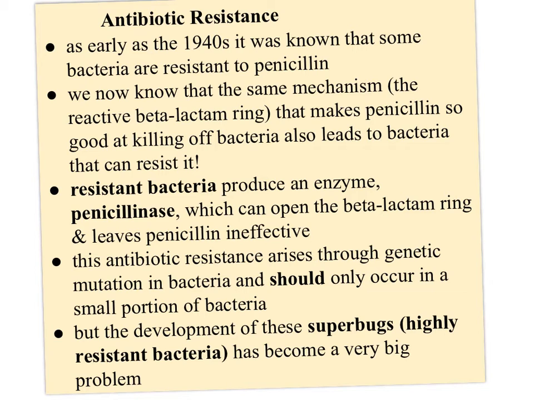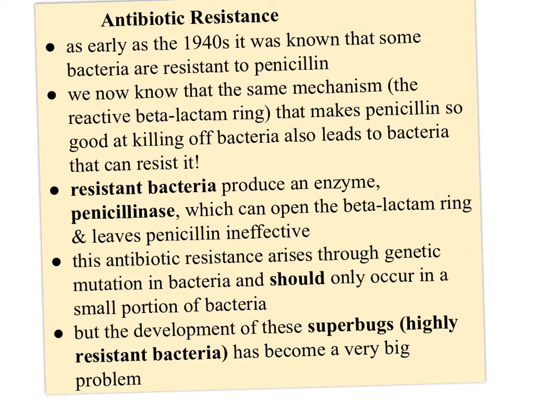Development of antibiotics has also led to greater antibiotic resistance. As early as the 1940s, it was known that some bacteria are resistant to penicillin or not killed off by it. And we now know that the same mechanism, the reactive beta-lactam ring, that makes penicillin so good at killing off bacteria is also what allows bacteria to resist it.